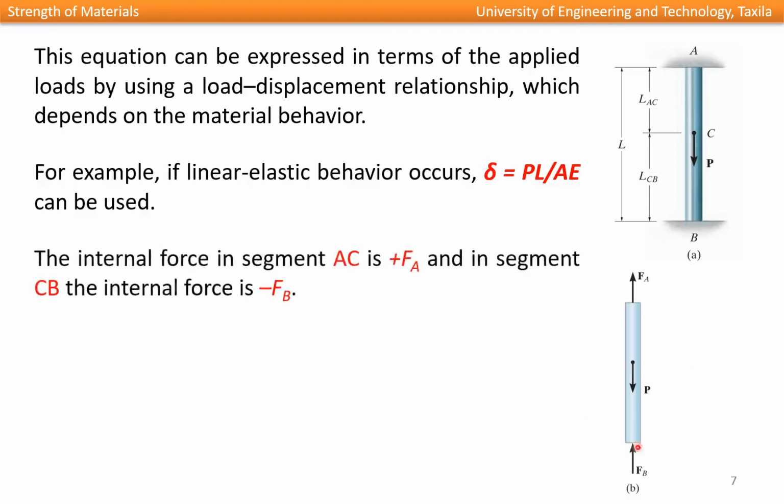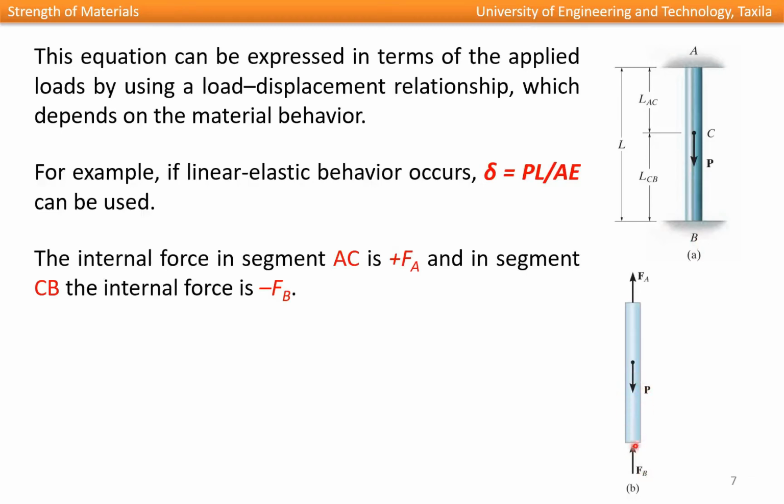So if we look at this free body diagram of this structure, from A to C, over this segment of bar AB, we have axial tension. If we cut a section at any location between point A and C, the force will be the same, and that is a tensile force equal to FA. In segment CB, we have a vertical reaction at B and a downward force P acting.